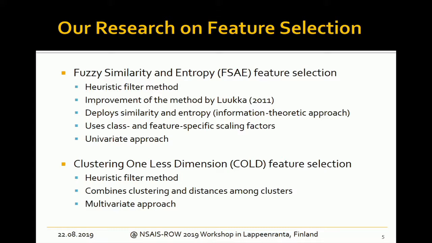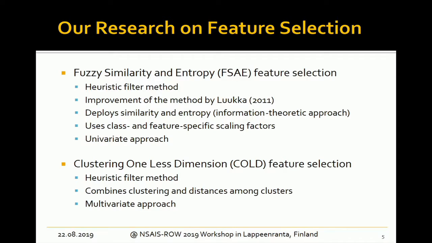But the main idea was to use class and feature-specific scaling factors to account for the difference between the class representatives as well, because there are some weaknesses, or vulnerabilities, that the algorithm had for certain data structures that we tried to overcome. And last but not least, we should mention that it's a univariate approach.